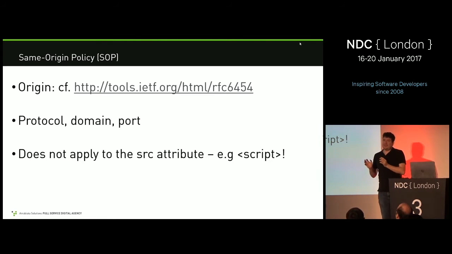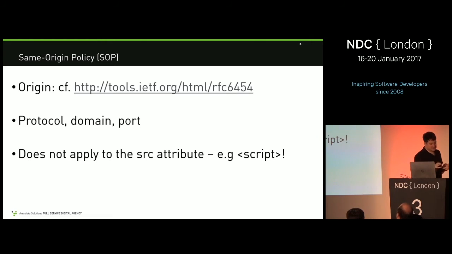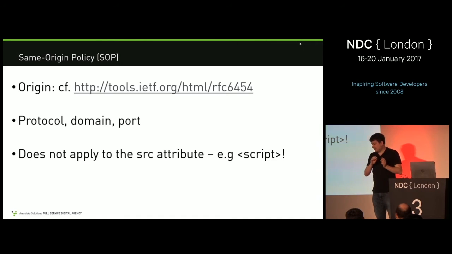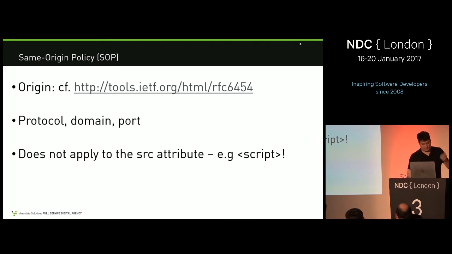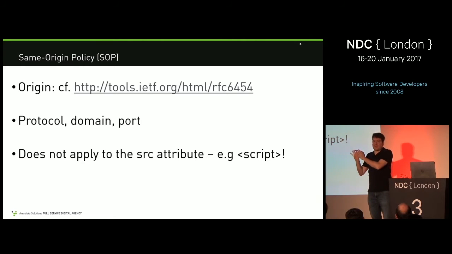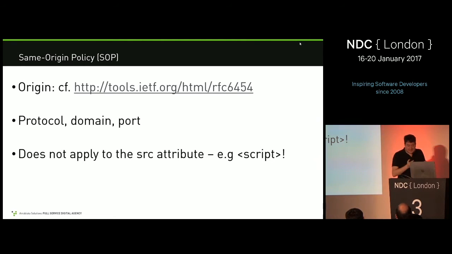The origin in an HTML JavaScript context is the origin of the HTML page. So if you load JavaScript code on ndc-london.com, but the JavaScript code comes from, whatever, Google CDN, because it's a JavaScript library hosted there, the origin of the JavaScript library is ndc-london.com, because ndc-london.com needs to run the code and maybe wants to modify the contents of the page.